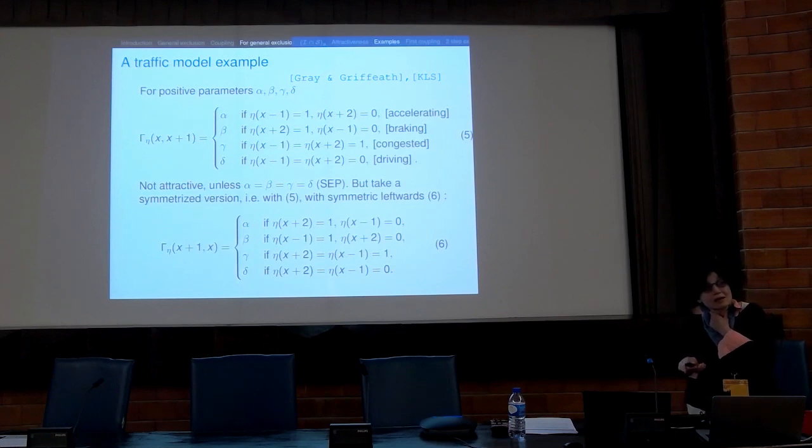This is also kind of a generalization of the porosity model, because I can see from the facilitated exclusion that the porosity is also, you can recover it by choosing alpha, beta, gamma, and delta.